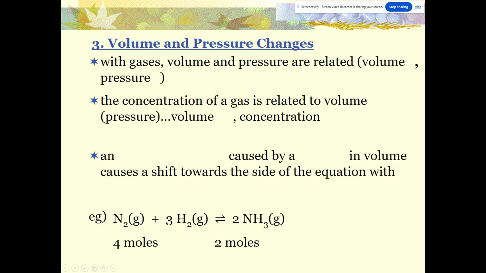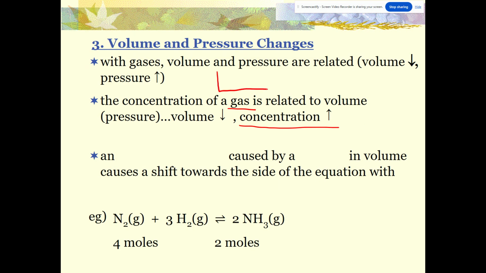Next, we're going to look at volume and pressure changes, okay? Now, if I increase the pressure of my system, my volume is going to decrease. That's going to cause an immediate spike in everything that is a gas in your reaction vessel.